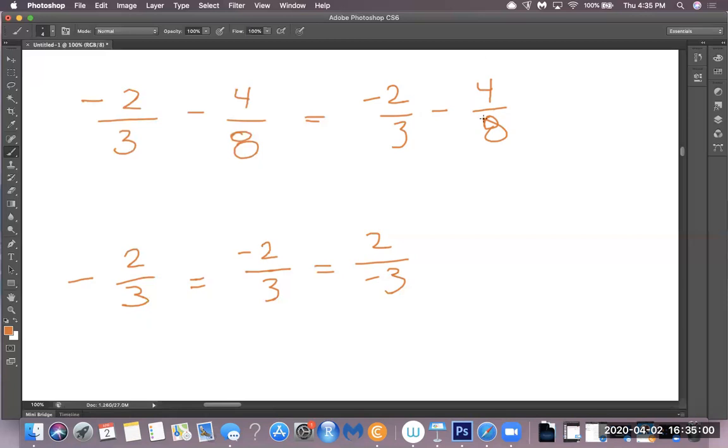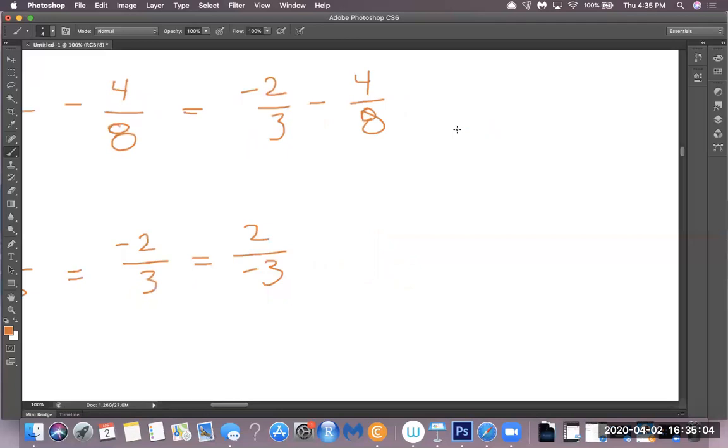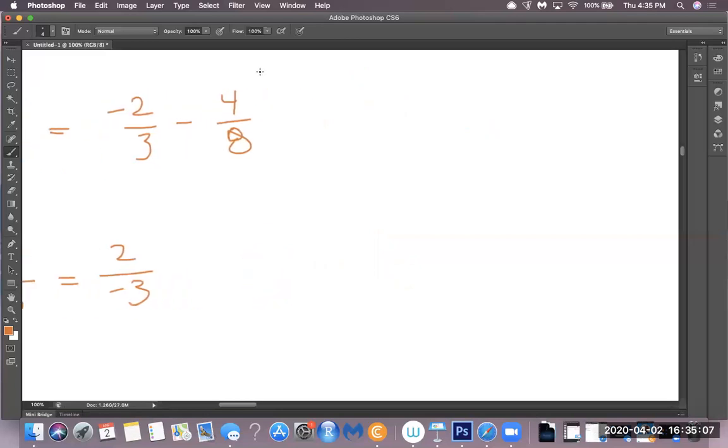Now, I threw a trick problem because you can simplify this fraction. That's a habit I want you to start doing. Whenever you have a fraction, ask yourself, can we simplify this fraction even further so that we can add them easier?